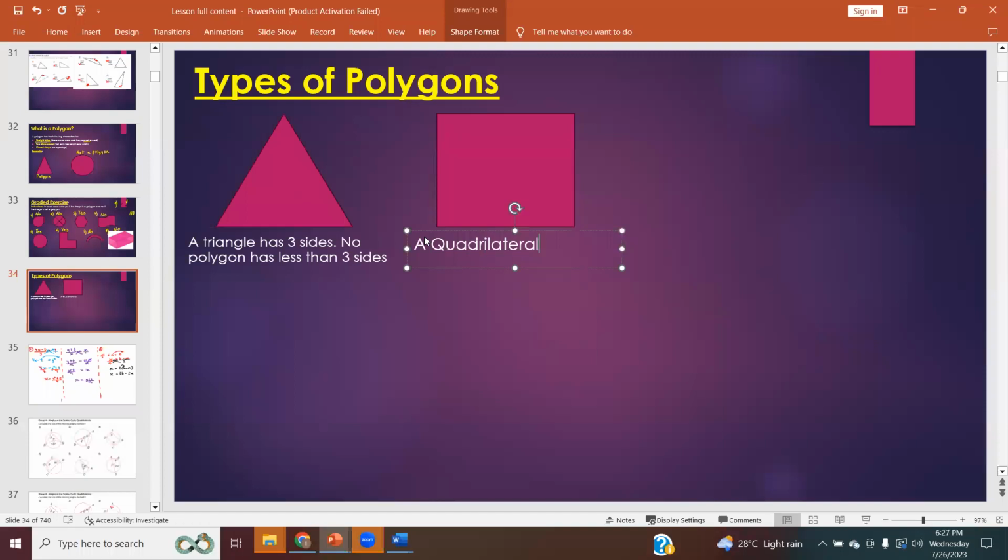A quadrilateral has 4 sides. And you have different types of quadrilaterals: rhombuses, parallelograms, trapeziums, kites. All those are different types of quadrilaterals. We're going to look at the types of triangles and the types of quadrilaterals in depth. After quadrilateral, what type of polygon do you have?